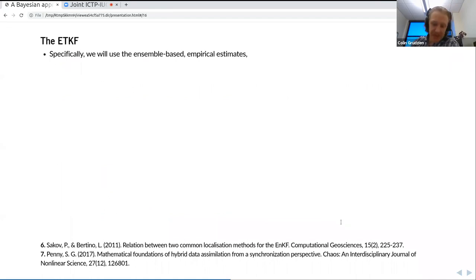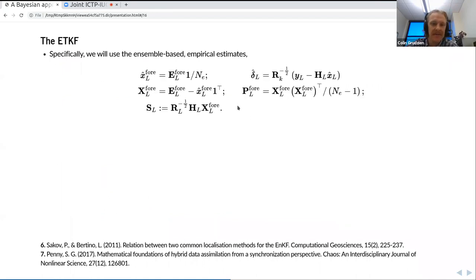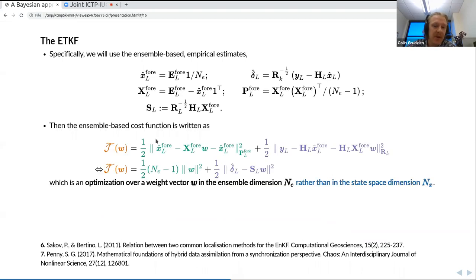Specifically, if we define these various ensemble-based estimates, which, based on time, we'll just brush over, these are the ensemble mean, the ensemble covariance, et cetera. Then the ensemble-based cost function is written in terms of these ensemble estimates, making the appropriate substitutions.